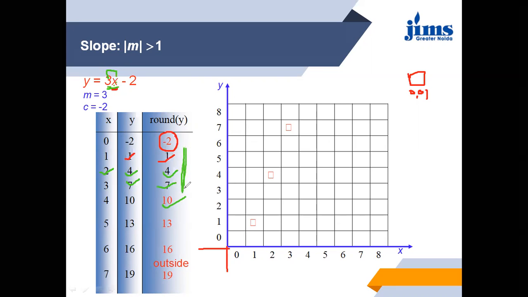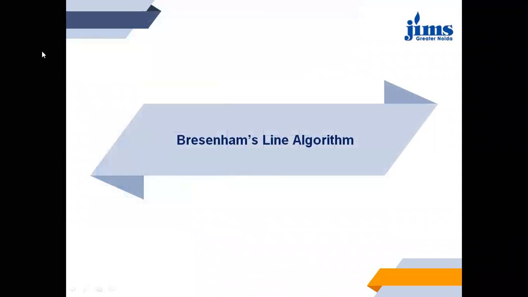This is to help you understand. We can enhance this for other coordinate systems also, but that's not our purpose here. Our purpose is to understand what happens when the value of m, that is slope, is greater than 0.